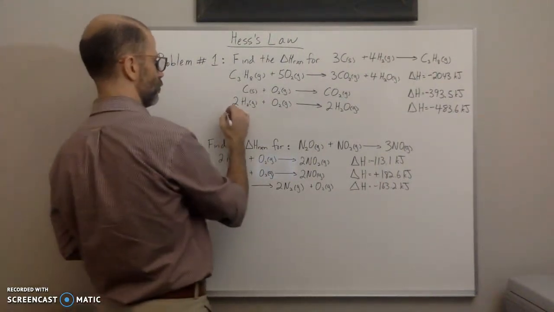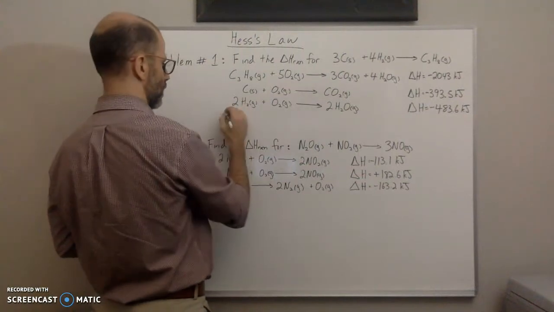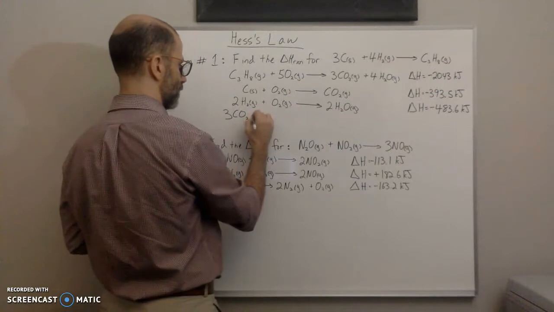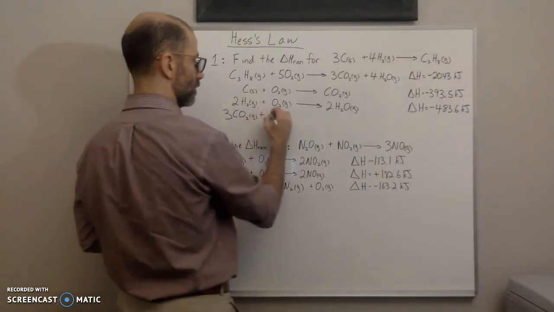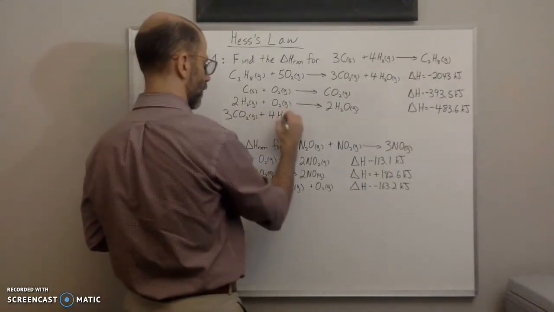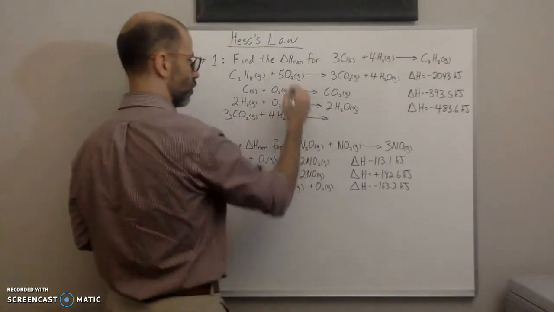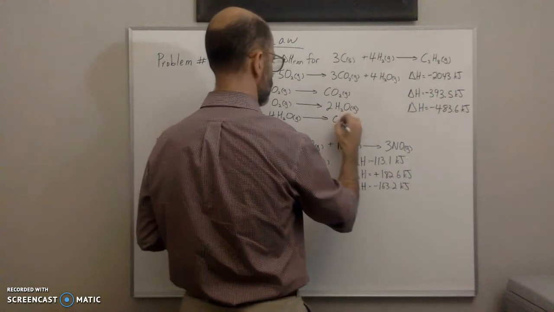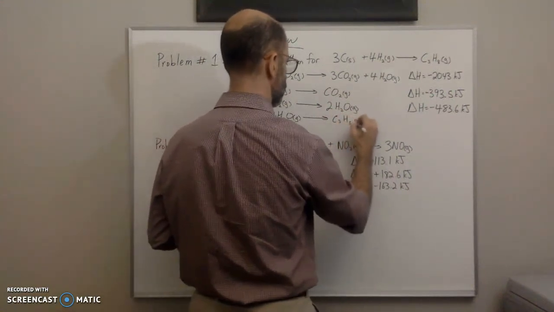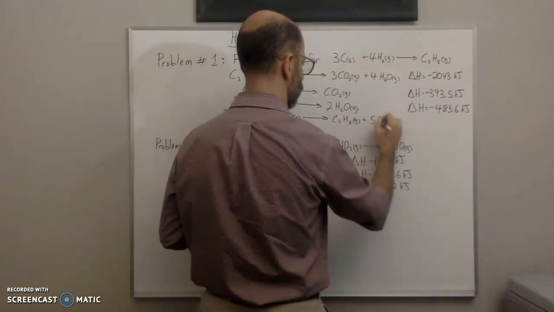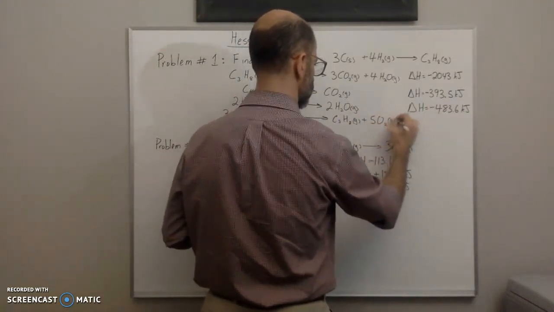So we're going to have 3CO2 gas plus 4H2O gas, and then that's going to go to C3H8 gas plus 5O2 gas.